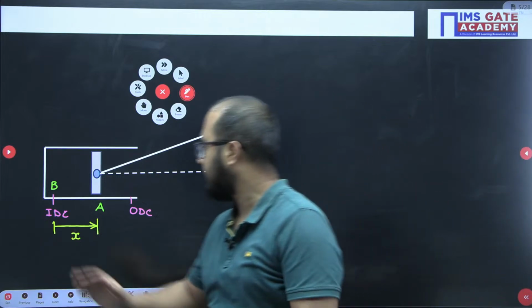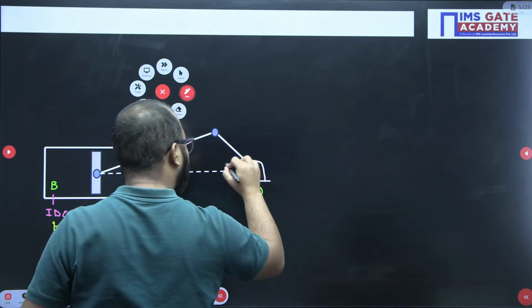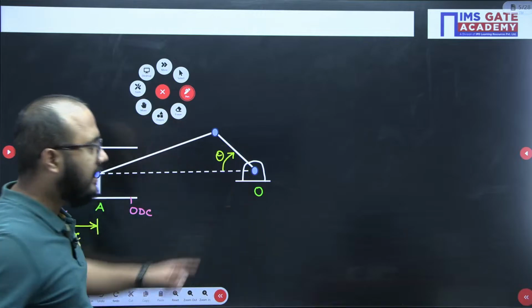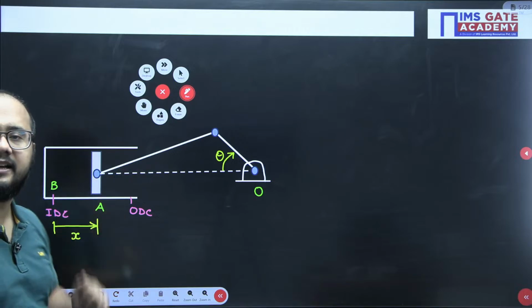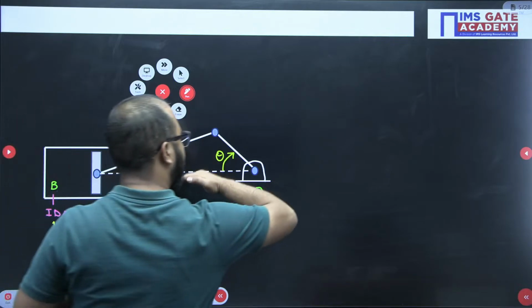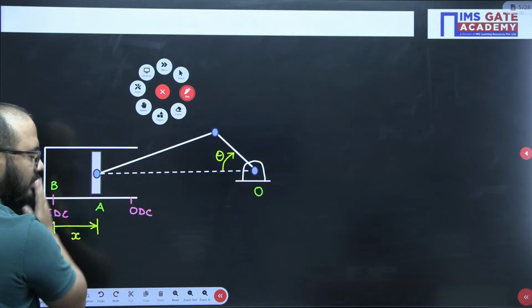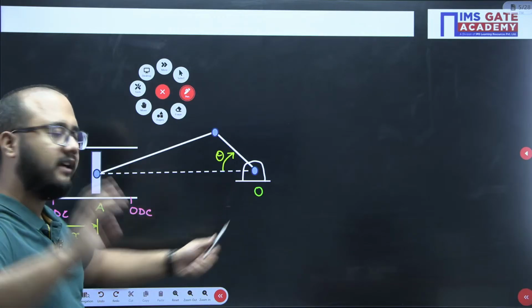So this is the displacement of the slider for theta angle rotation of the crank. For this much rotation of the crank, the slider moves from IDC, and the displacement it has done is X distance for this theta rotation of the crank.